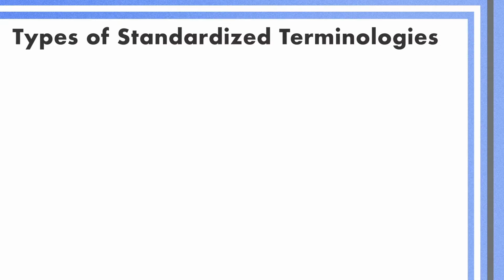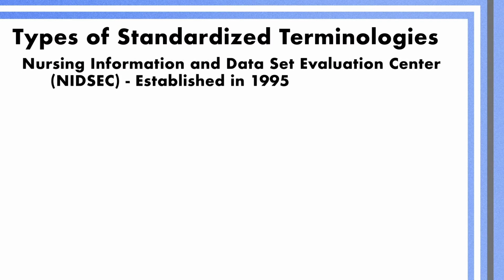Also in our history, as things moved forward, came the development of nursing standard terminology. It was established by the American Nurses Association in 1995 as the Nursing Information and Data Set Evaluation Center.